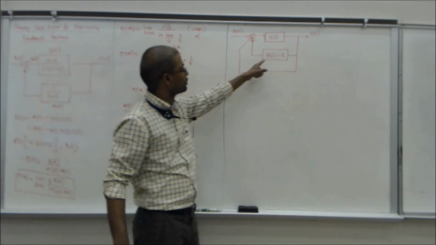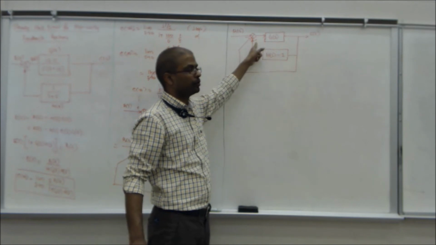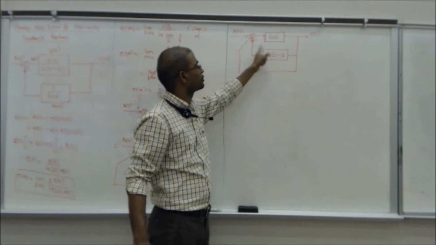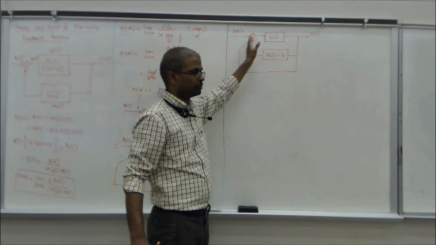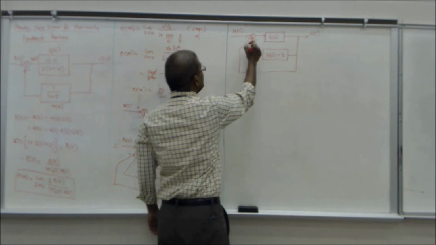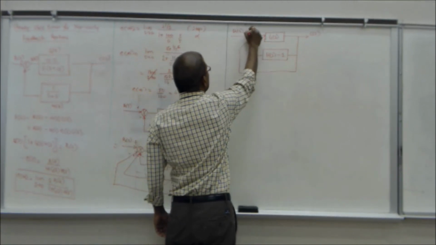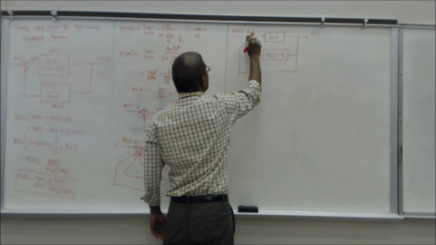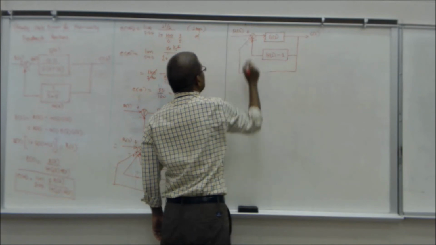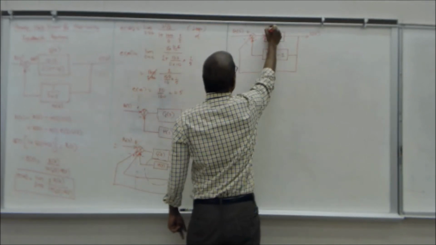So H of s minus 1, this would be minus into minus, it would be plus 1. And H of s is just as it is. Is that minus? This is actually minus, yeah. This has to be minus. Now we'll just do the feedback for these two.